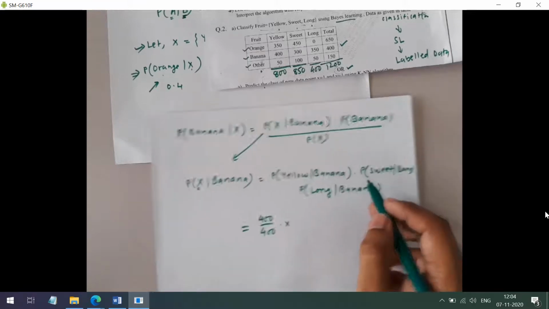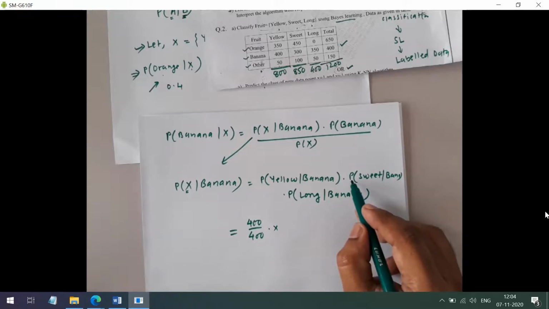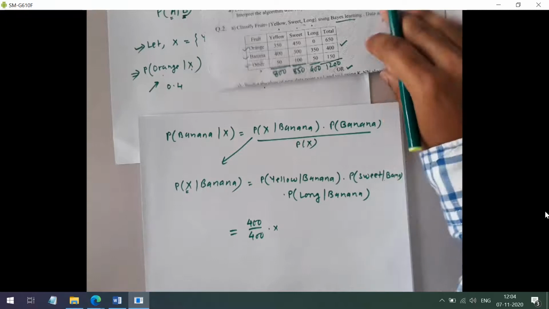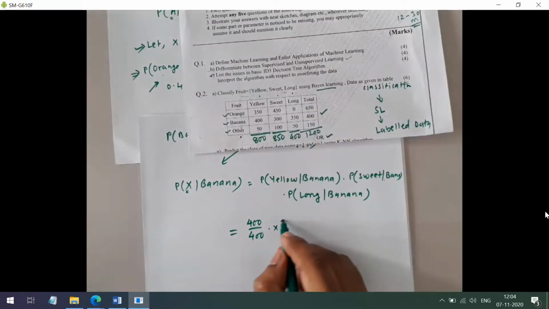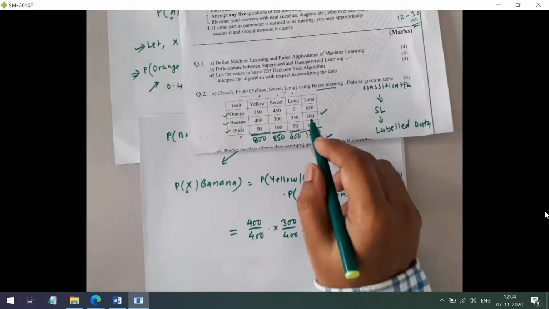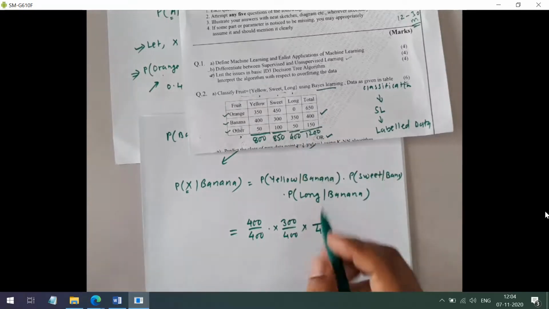So we'll calculate this term now. Probability of sweet given banana. How many bananas are there? 400. Out of that, how many are sweet? 300. So it is 300 divided by 400 into probability of long given banana. How many bananas are there? 400. And out of that, how many are long?